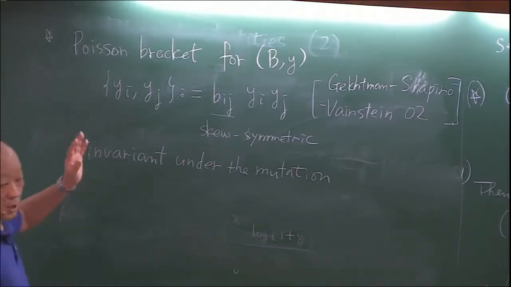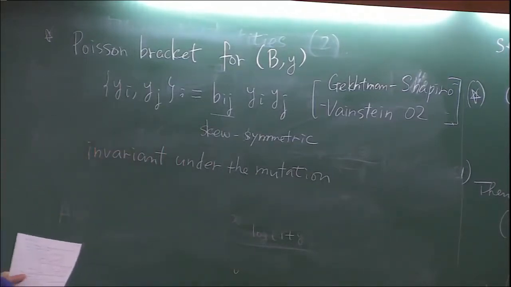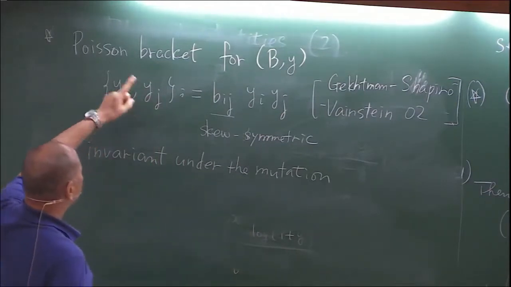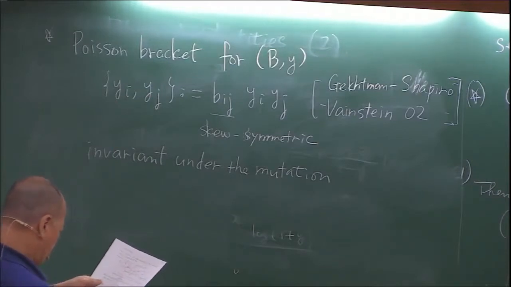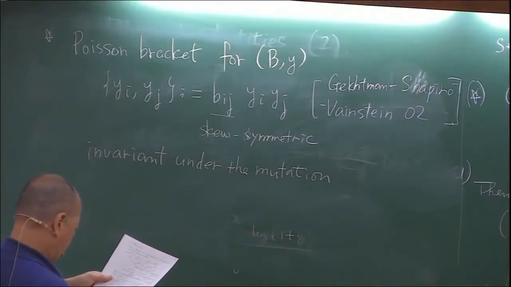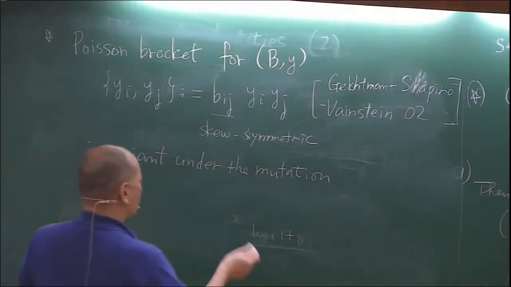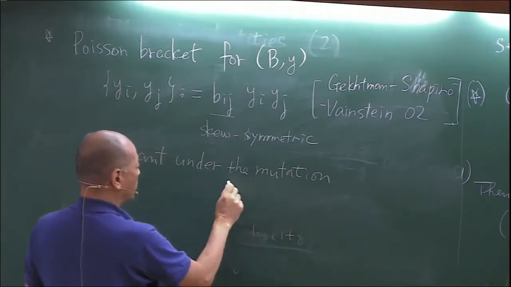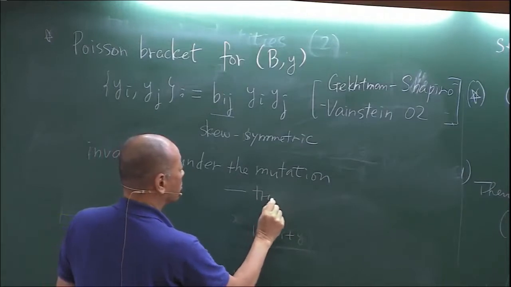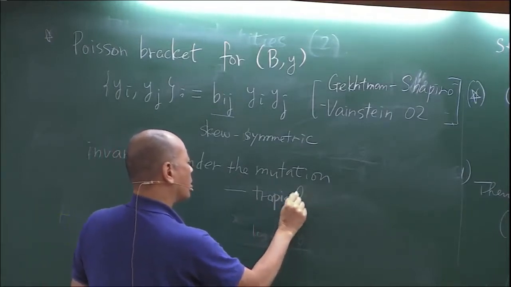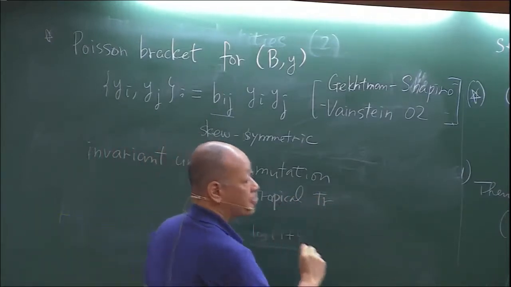So it is a kind of canonical one, and we can insist, if you want, on everything at a particular coordinate, and the other things are considered as tropical. Also I want to mention that it is invariant under the tropical transformation.